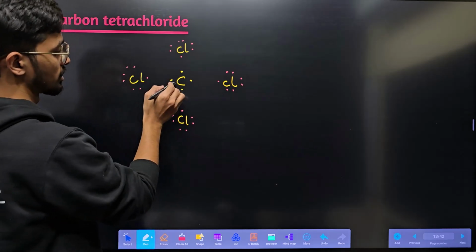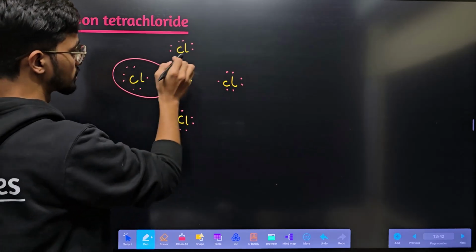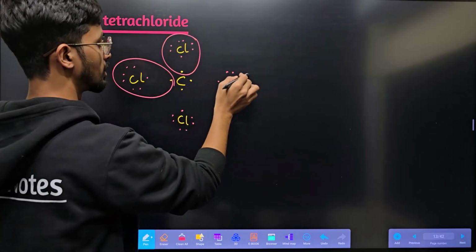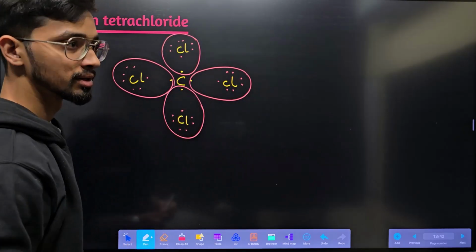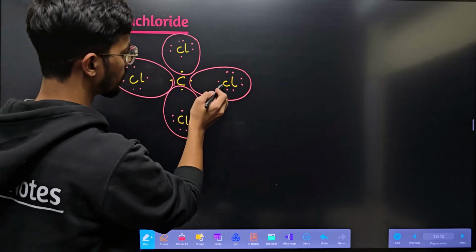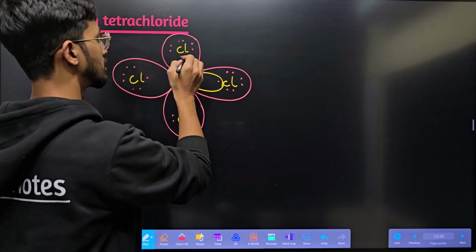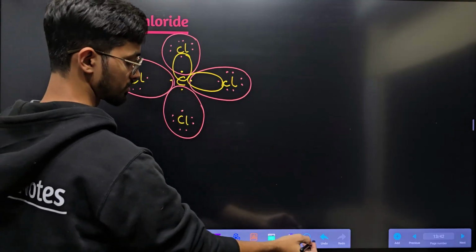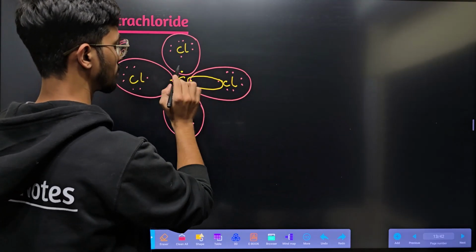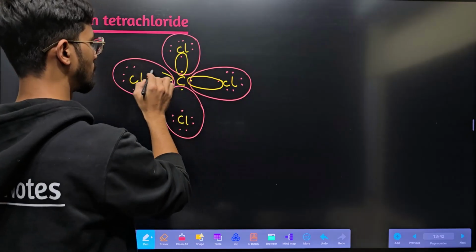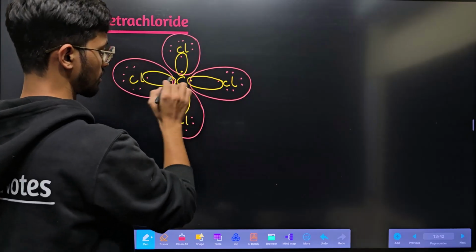So here chlorine will form a bond like this, like this, like this. And how about carbon? One bond will be from here, another from here, one here, and one here.